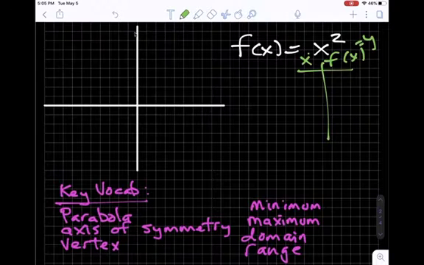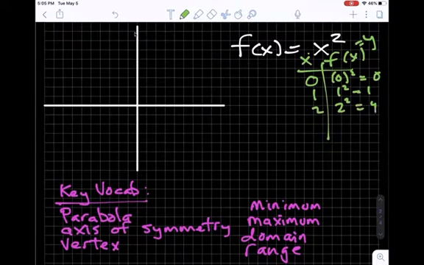So for x, let's just put in some numbers. If we put 0 in, 0 squared is 0. If I put 1 in, 1 squared is 1. If I put 2 in, 2 squared is 4. If I put 3 in, 3 squared is 9. And all I'm doing is just putting the number in right there.